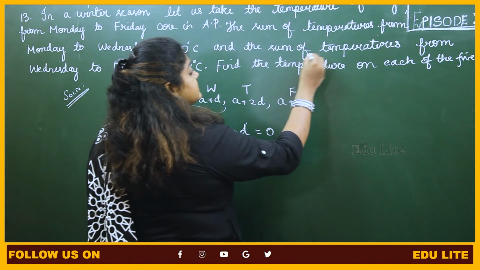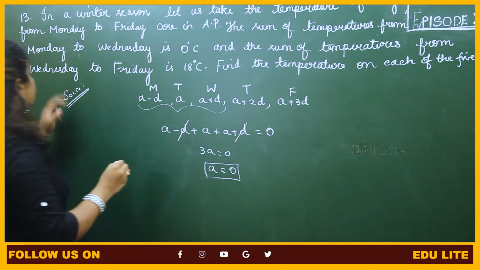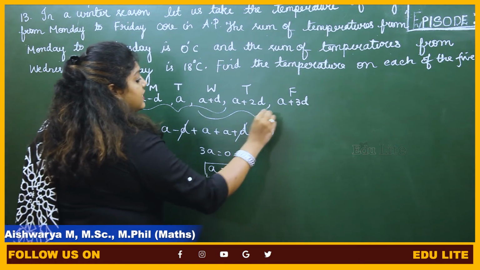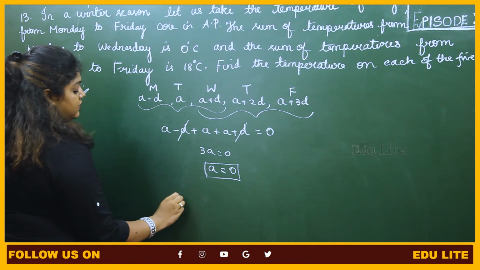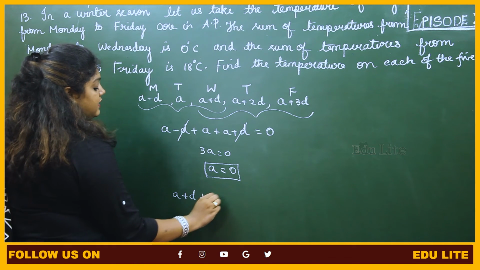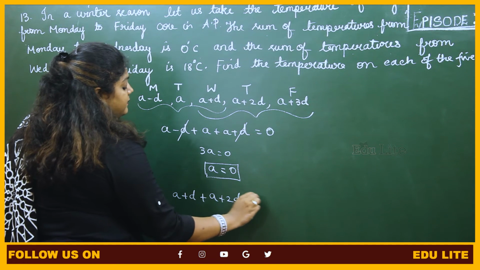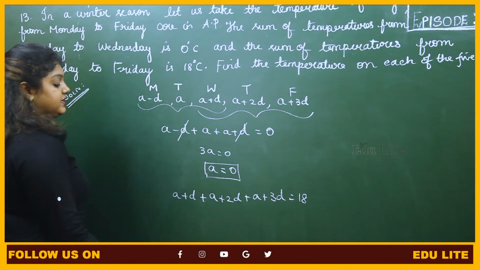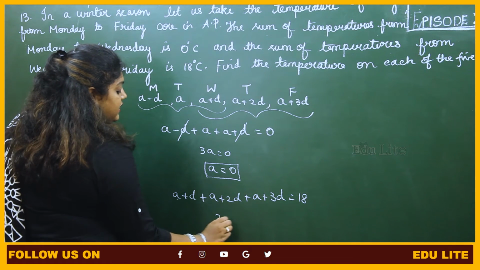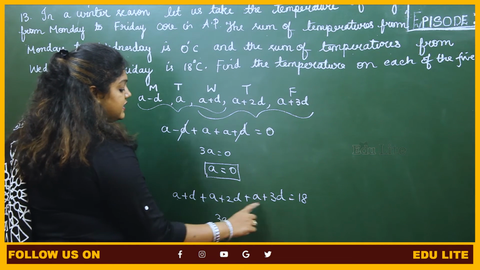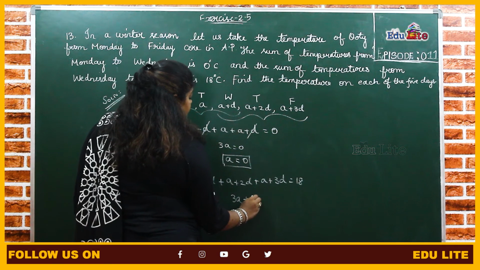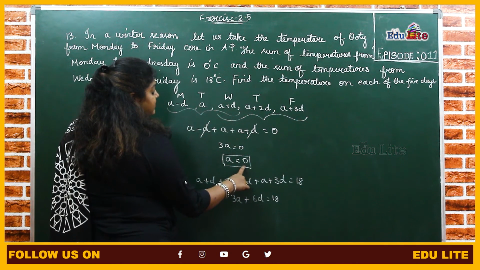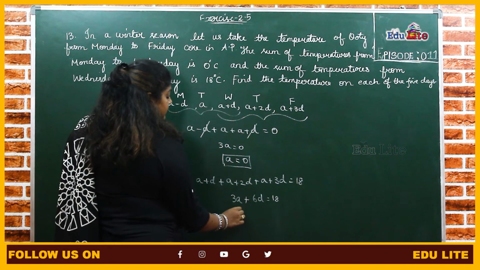Next, the sum of temperatures from Wednesday to Friday is 18 degrees Celsius. Wednesday to Friday is the last 3. The sum of temperatures A, A plus D, A plus 2D, hmm, A plus 2D plus A plus 3D equals 18. That is 3A plus D plus 2D plus 3D, which is 3A plus 6D equals 18. The 3A will become 0 because A is 0, so 3 into 0 is 0.